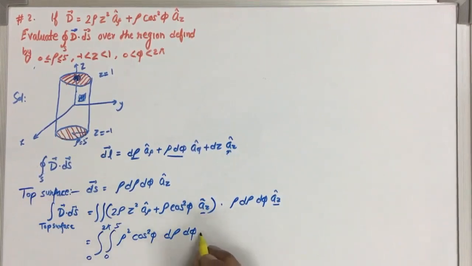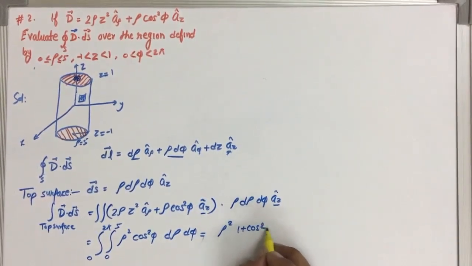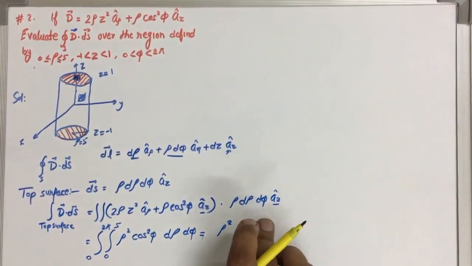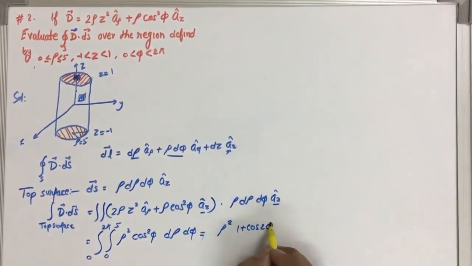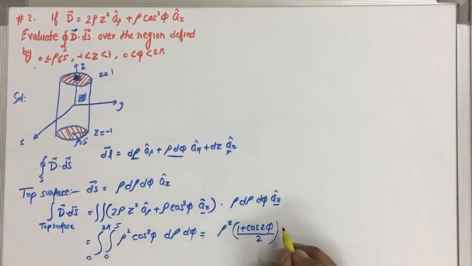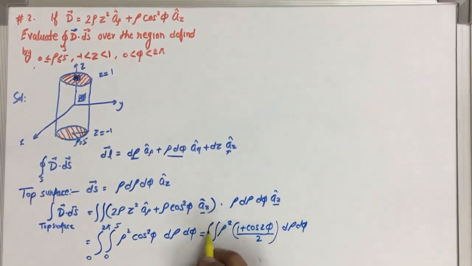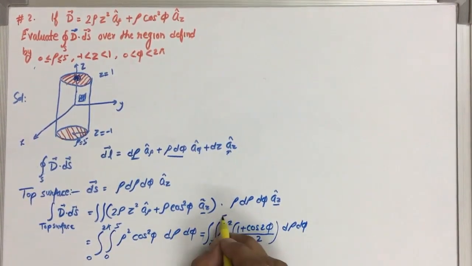Now it can be written as rho square, (1 plus cos 2 phi) divided by 2, which is nothing but cos square phi, d rho d phi from 0 to 5 and 0 to 2 pi.